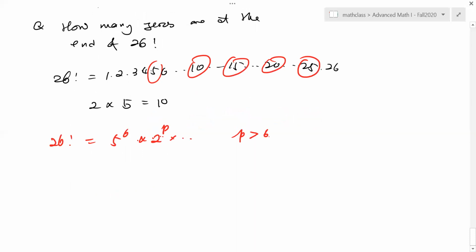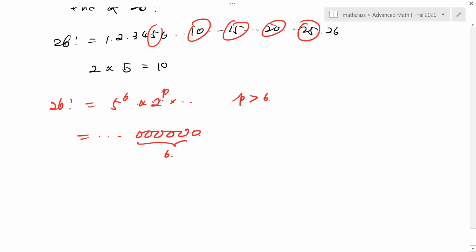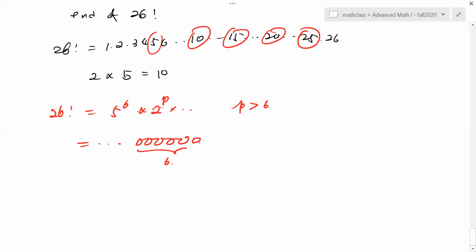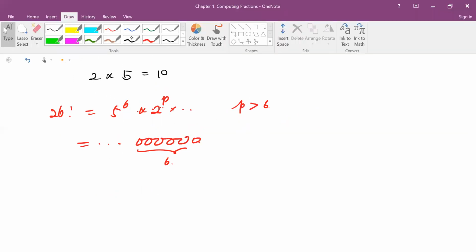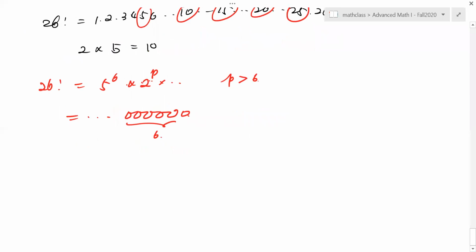So there will be enough 2s to multiply with the 5s, and you get 6 zeros at the end. Good job.